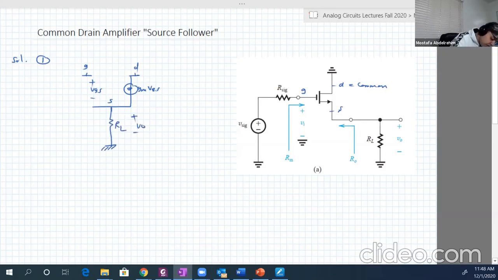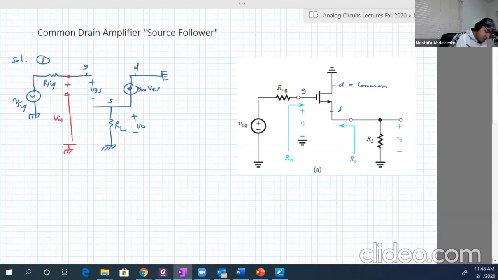The drain is connected to ground, and the gate is connected to our signal V signal. And where is the input? The input is at the terminals of the signal, so between the gate and the ground. So this is the input, and of course these are the two terminals from which we get our input, and here is our output between this terminal and this terminal.